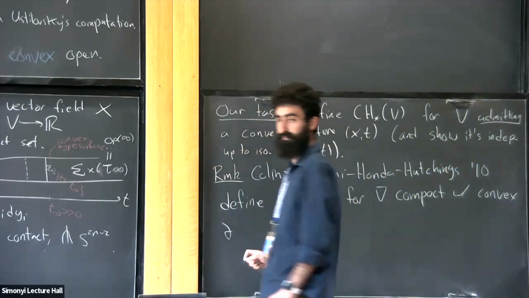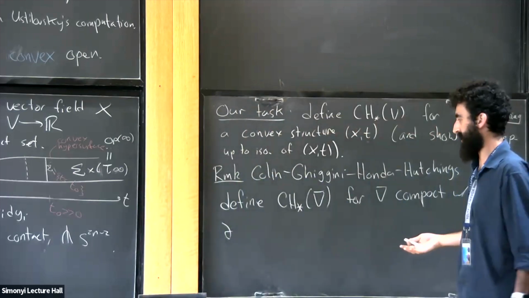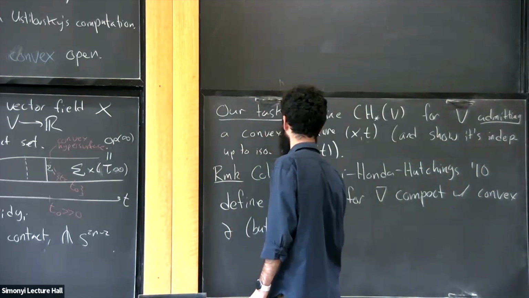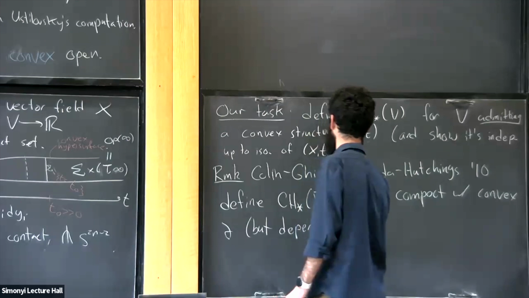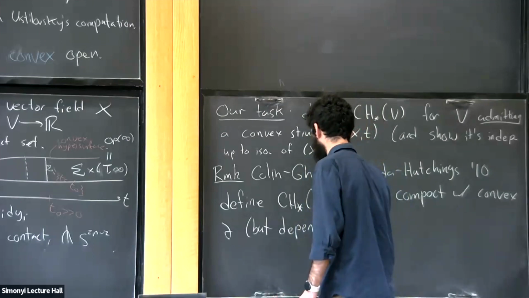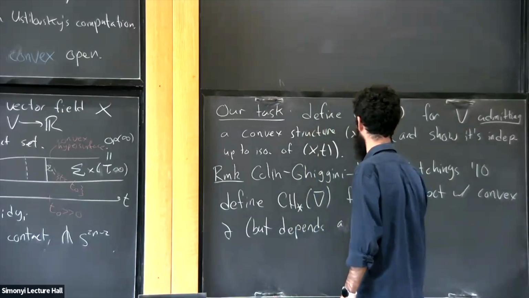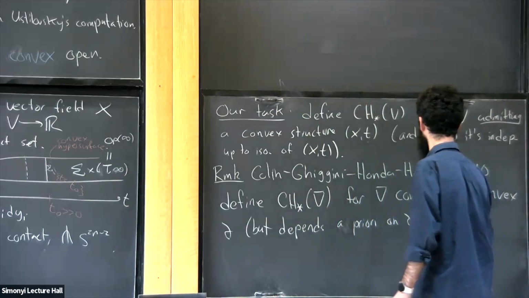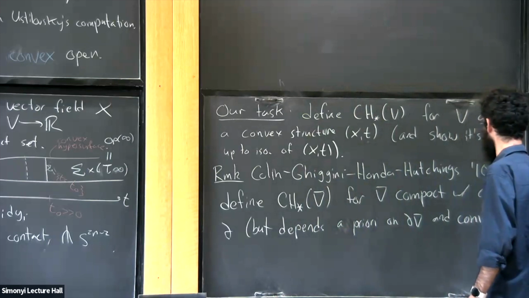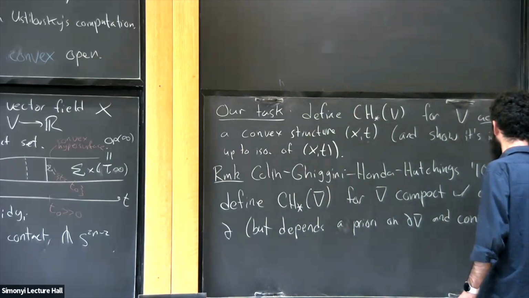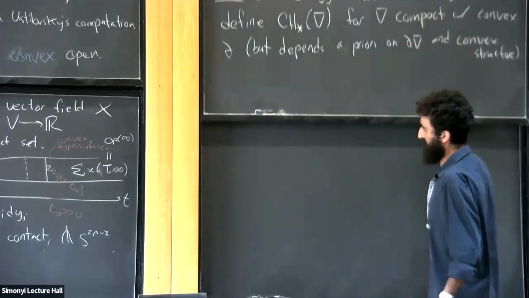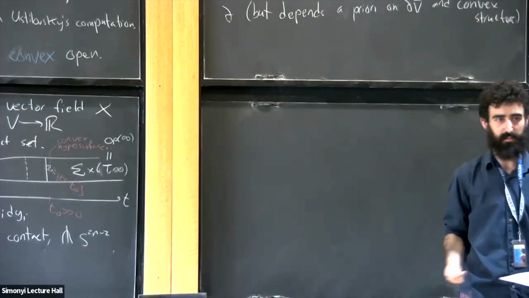But the way they set things up, the definition depends on the boundary and on the convex structure, at least a priori. So our improvement is then to get something which is independent of the convex structure.